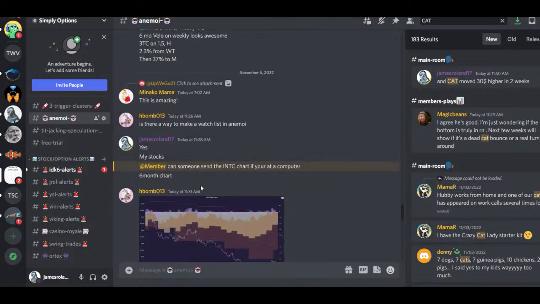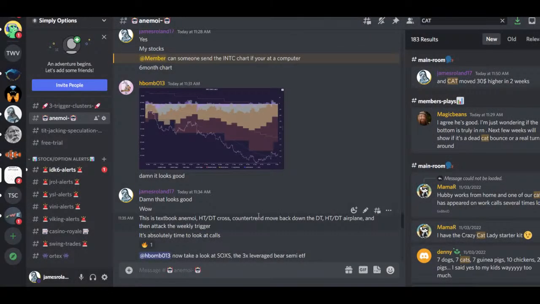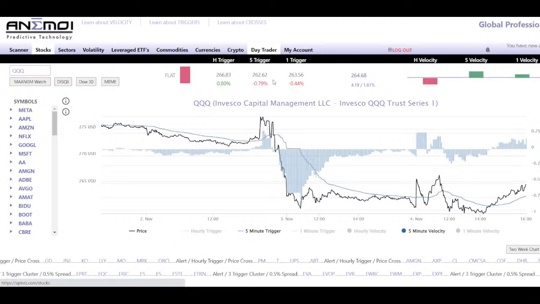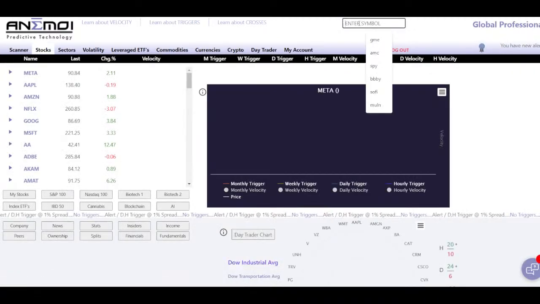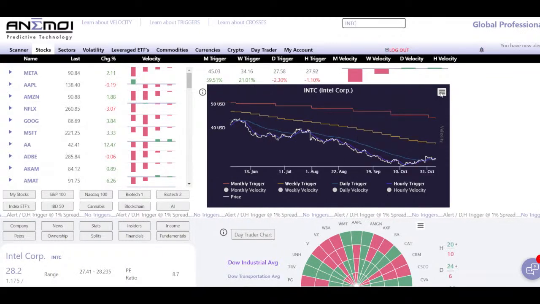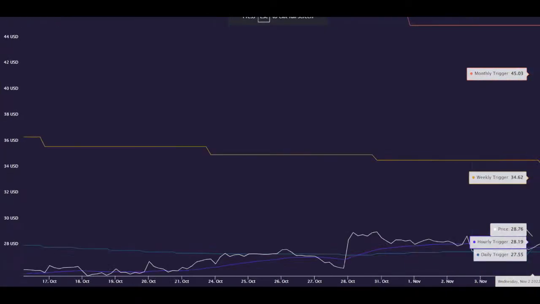We have our Nimoy group where we post different Nimoy plays, and we're going to go long INTC this week. I'll just show it to you guys. We have an hourly trigger, daily trigger setup, which is exactly like we talked about this entire stream. We love playing these, especially using very good risk management if you follow the rulebook that I shared before.